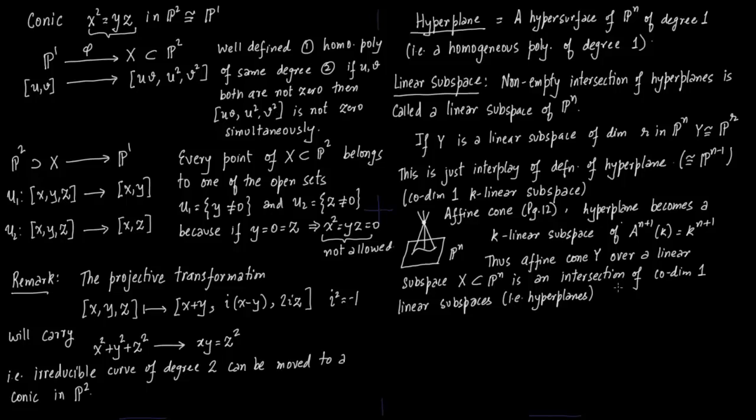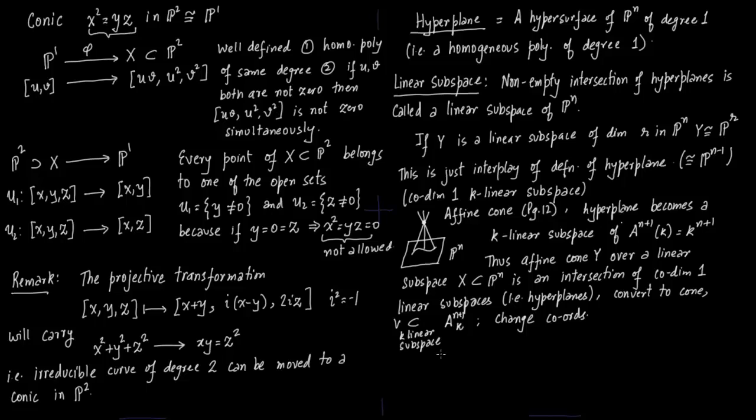So the affine cone of Y comes from the intersection of affine cones of hyperplanes. So thus Y itself becomes a k-linear subspace of this A^(n+1) over k.